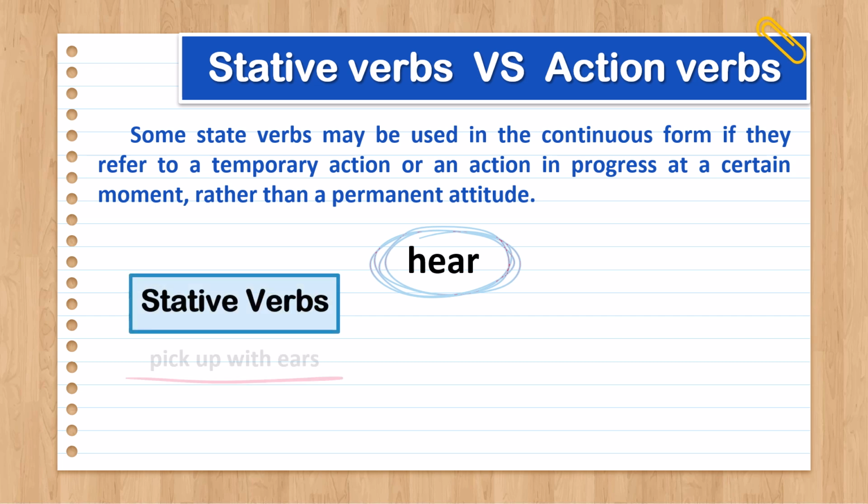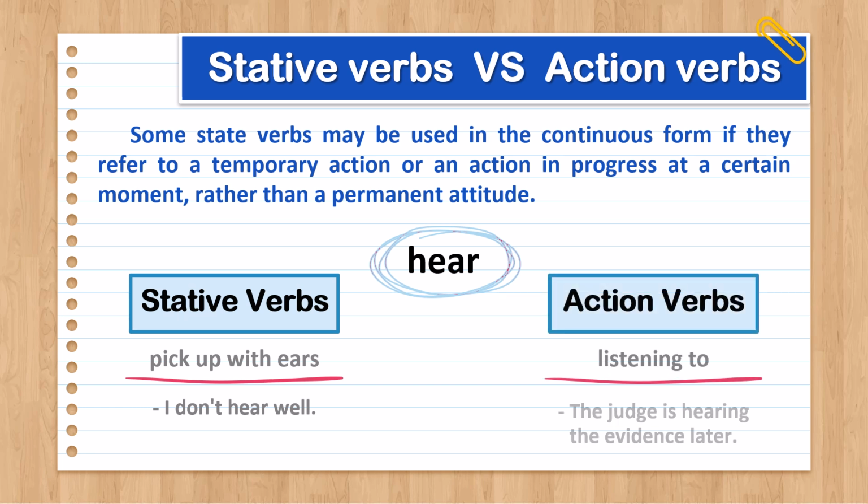Hear. I don't hear well. This is your ability to pick up sound. It's a stative. But if I say the judge is hearing the evidence, it means this is a formal process, something happening actively. It is an action verb.